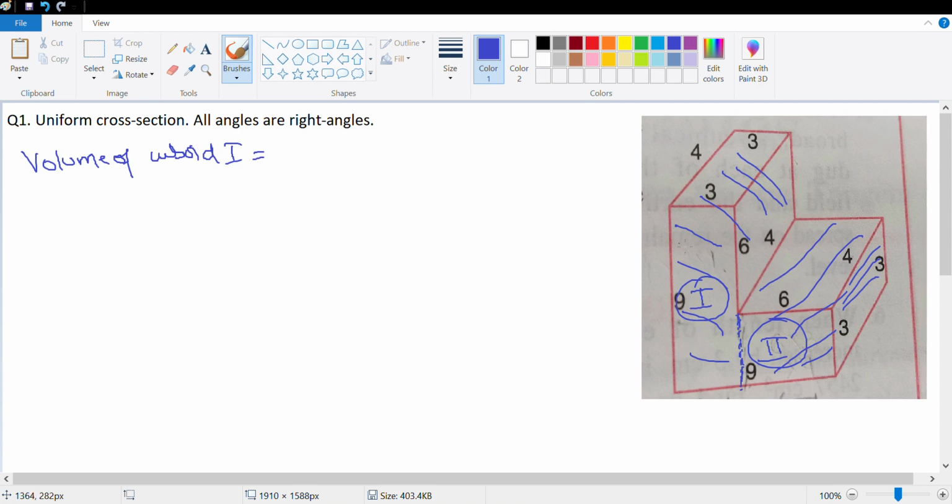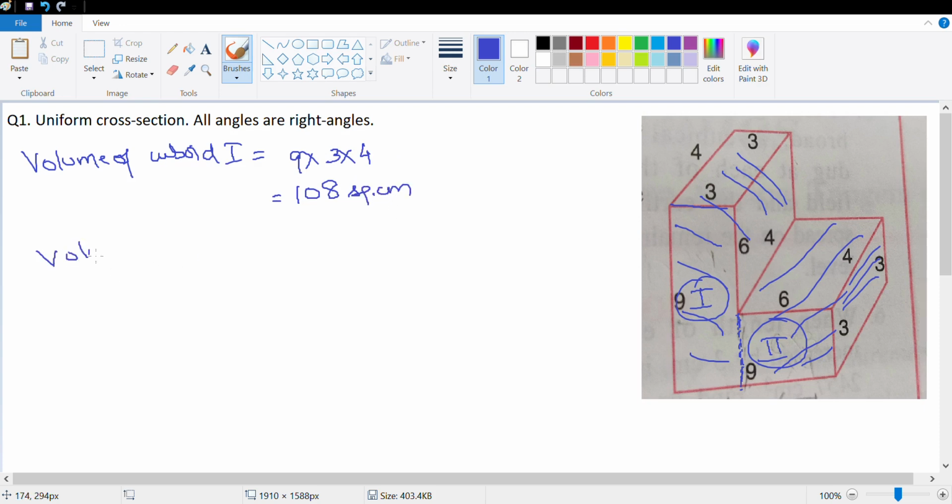In this case, the height is 9, the breadth here is 3, or the length here is 3, and how deep it is, that's 4. So that's 9 into 3, 27, 27 into 4, that's 108 square centimeter.